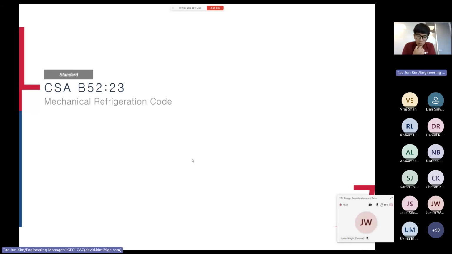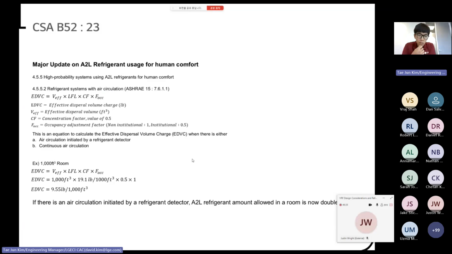It introduced some criteria and guidelines on how to utilize and install the A2L refrigerant equipment. One example is a formula to calculate the effective dispersal volume charge.